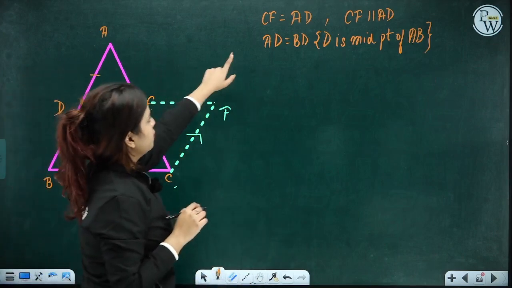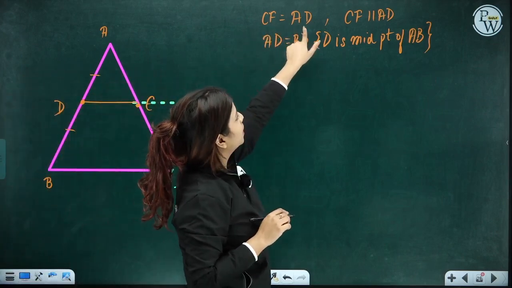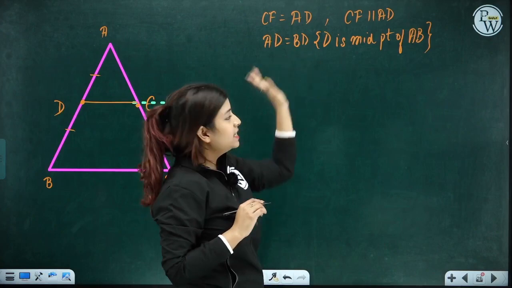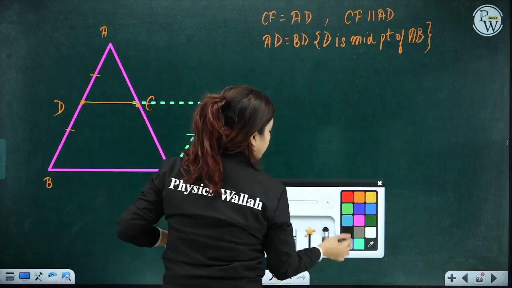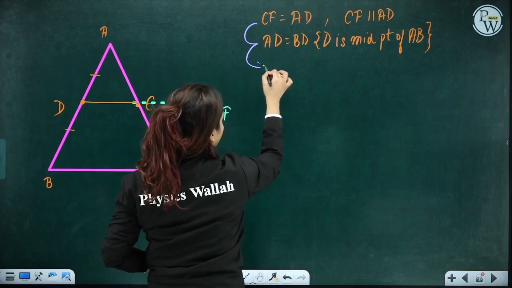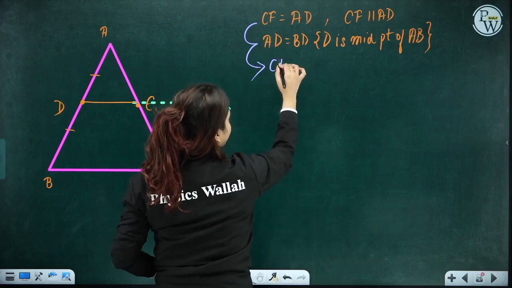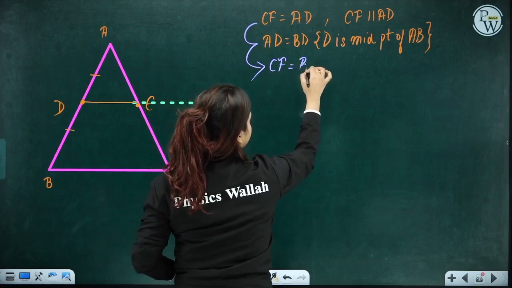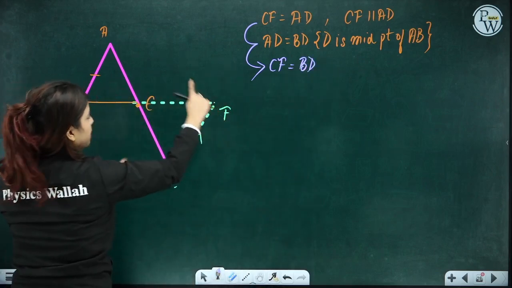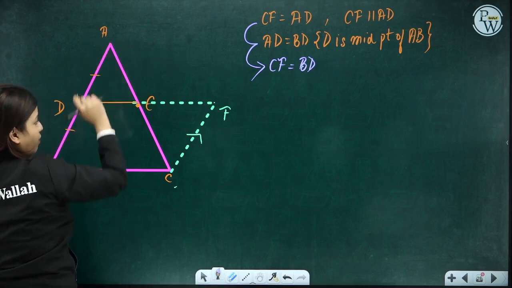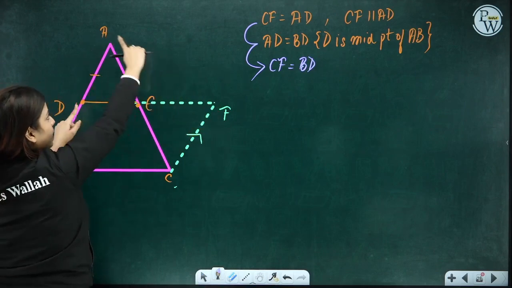Now, in the very first thing, CF is equal to AD and AD is equal to BD. So from 1 and 2, using these two statements, students, we can conclude that CF is also equal to BD. Now, listen to one part. If CF is parallel to AB, then CF is parallel to AD.